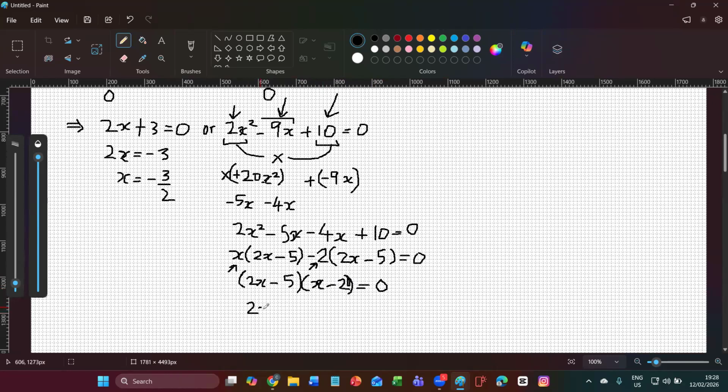2x minus 5, if we continue the culture of equals to 0, equals 0, or, of course you can tell what the answer is by just looking at it, x minus 2 equals 0.